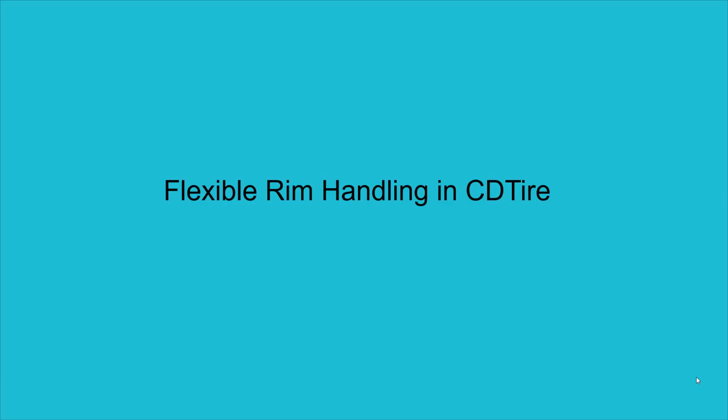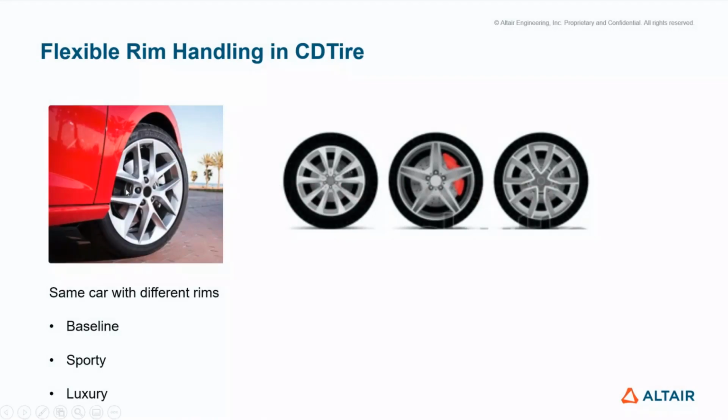Now next, let's go to the next topic, and that is flexible rim handling in CD tire. This image shows a typical scenario nowadays where you have the same car, but coming up with different rims. You can have a baseline rim, sporty rim, luxury rim. So as the car goes, the rims may change with the version of the car, the same car but in different variants.